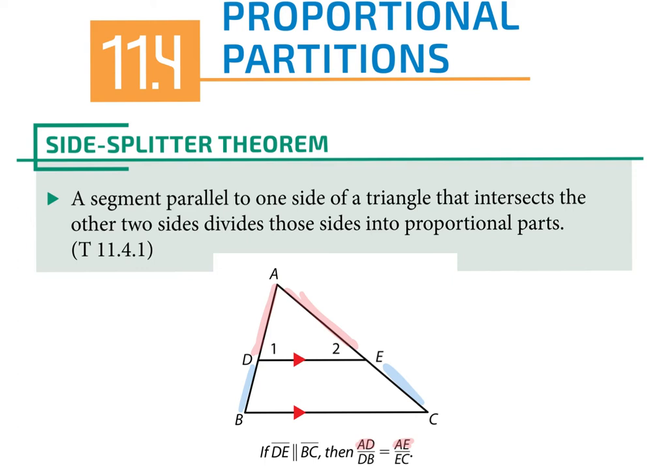If you look right below it, you'll see that you can set these proportions up a number of ways. So this first one right here, they did V to X, so the little piece to the little piece, compared to the whole side, U, the whole side here, to Z. So the whole side to the whole side.